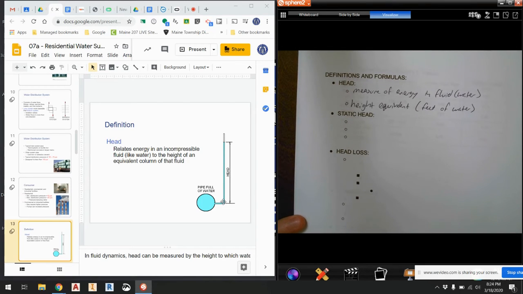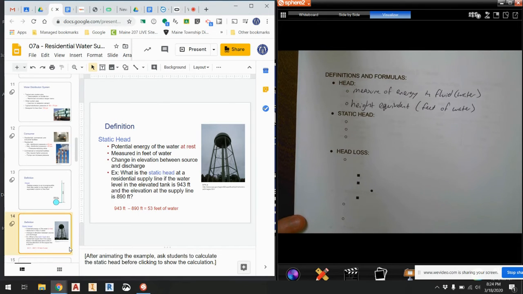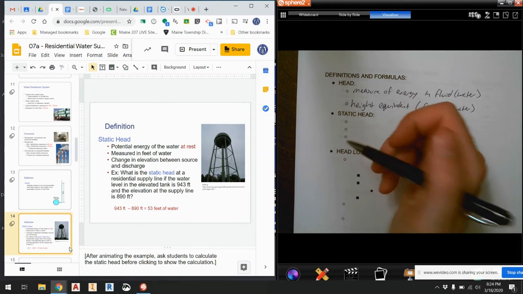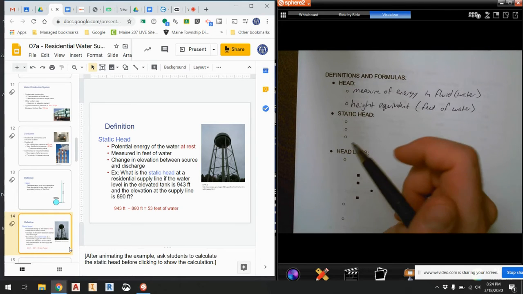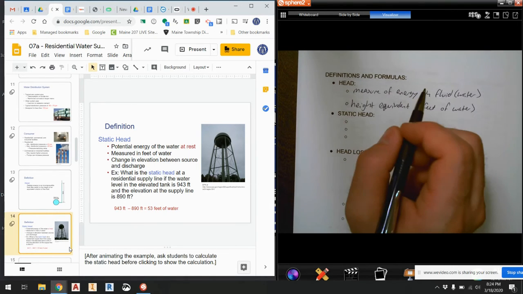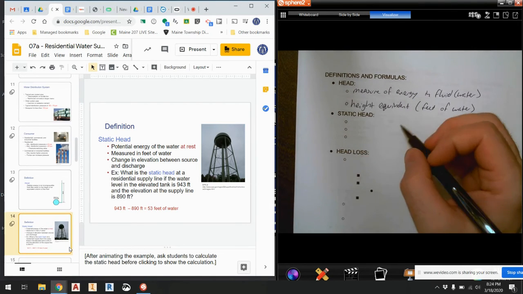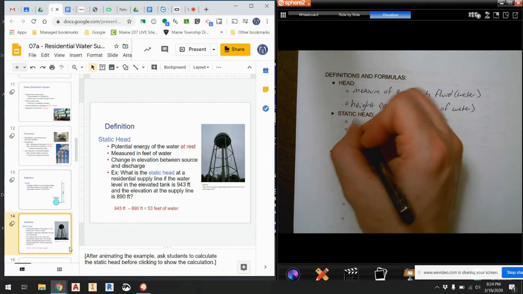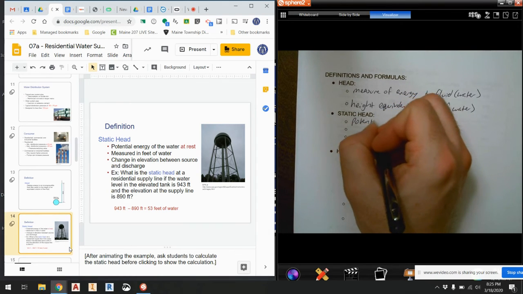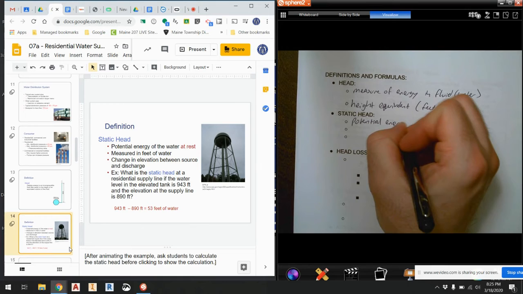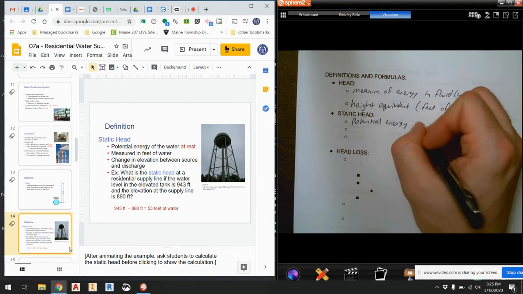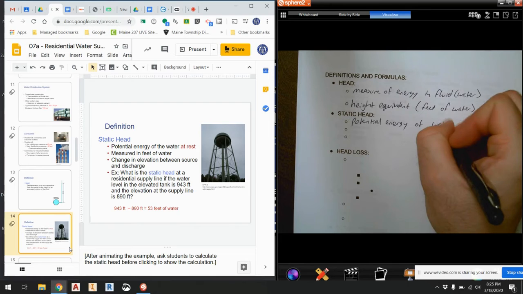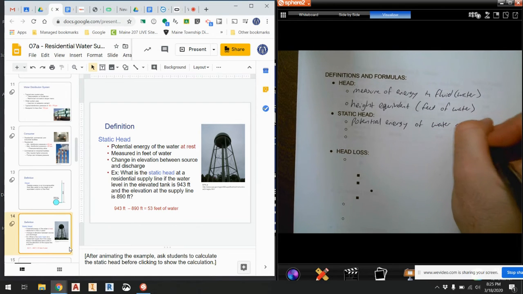All right. So static head is when the water is not moving. Kind of like in your physics classes when you did potential energy for something that was at rest, and kinetic energy when something was moving. Static head is kind of like your potential energy of water at rest, meaning not moving.